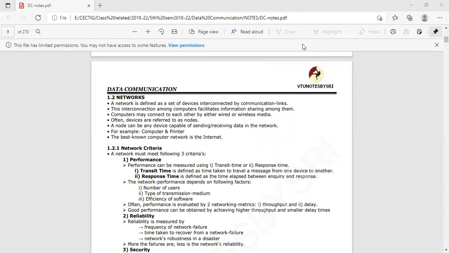And from tomorrow, the main component of this data communication is the internet, the speed of the internet, because it is the internet era, the digital era. So the internet is a major concern and it plays a huge role. So now we need to know what is the role of the internet in data communication.